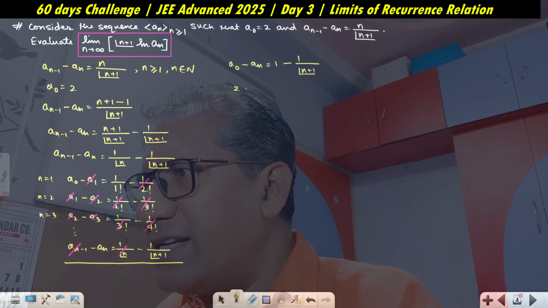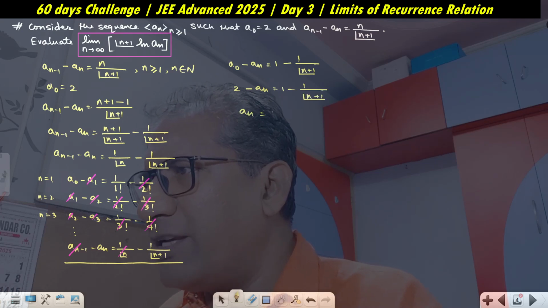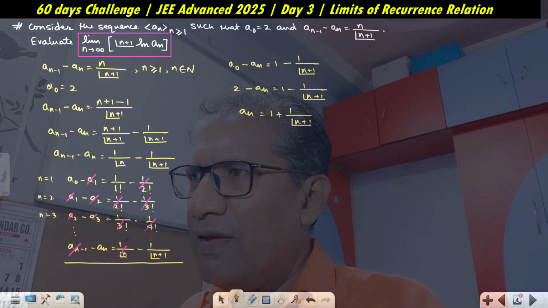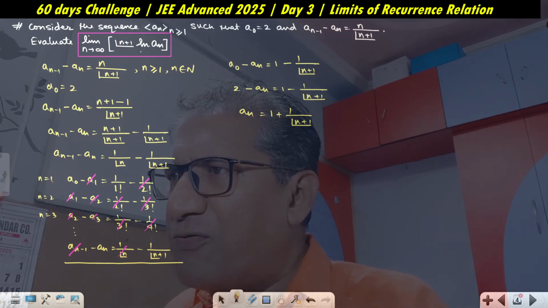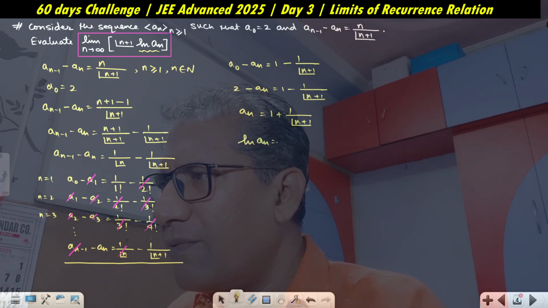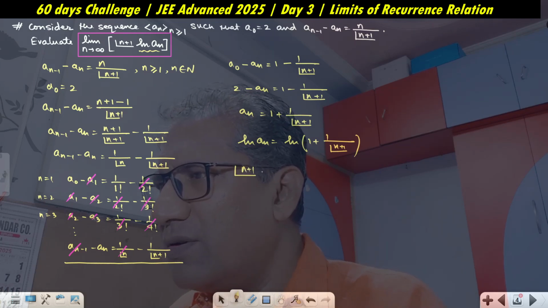a0, we have been provided the value 2. So a_n is 1 minus this thing. So your a_n is coming to 1 plus 1 over factorial n plus 1. Is it clear? Now we have to find out the value of log a_n. So let me take log on both sides. And there is a factorial n plus 1, so let me just multiply both sides with that.